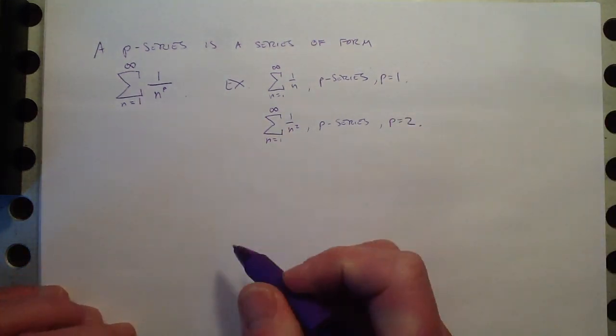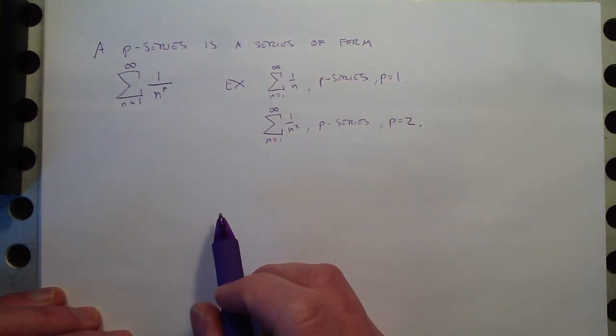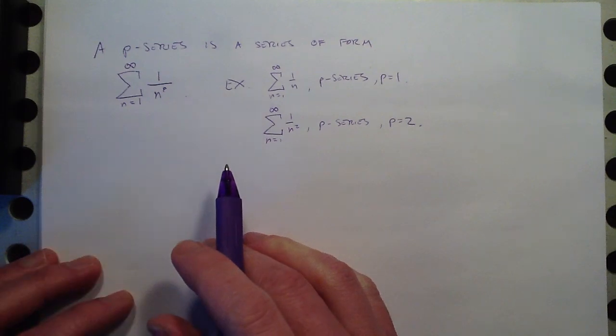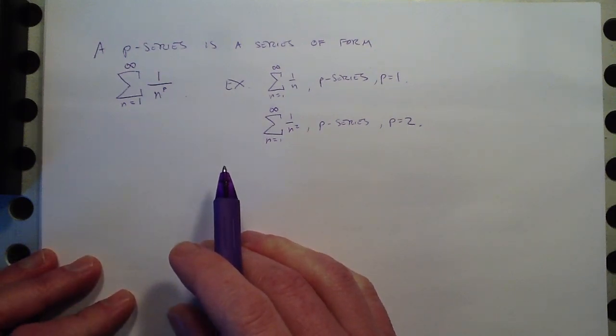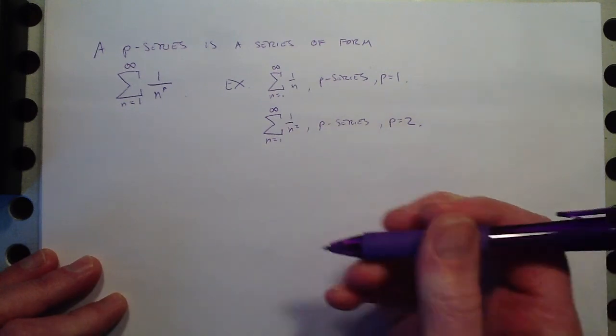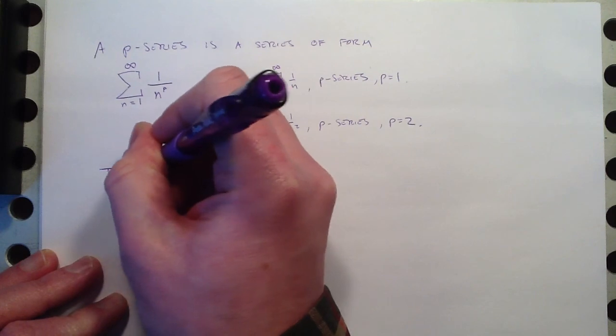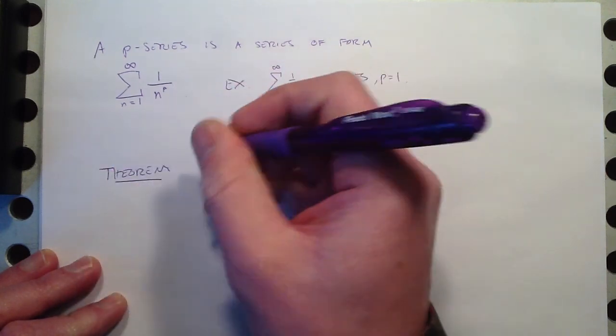I'm going to leave it to you to investigate the proof of this, or you could investigate some numbers on either side. But it's pretty easy to prove, just doing basic integral stuff, like we did in the previous page, that here's a theorem about p-series.